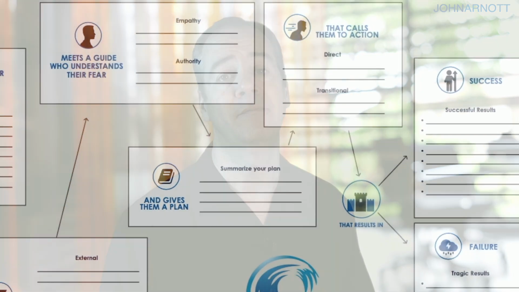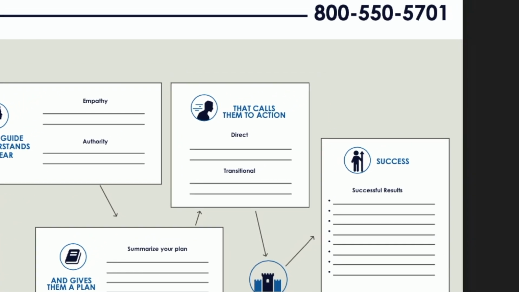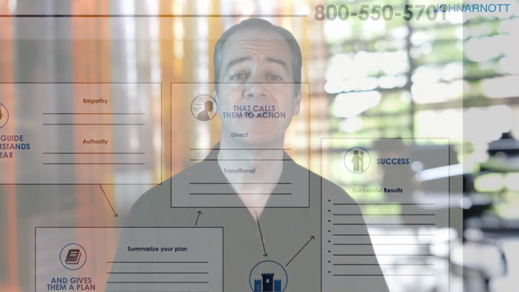And when you have a plan, you need to call them to action. How am I going to get the hero, our customer, to take action? And that's where we write the calls to action. And there are 2 types of calls to action. There are direct calls to action and transitional calls to action. A direct call to action is very simple. It's buy now, or call now, or register now.